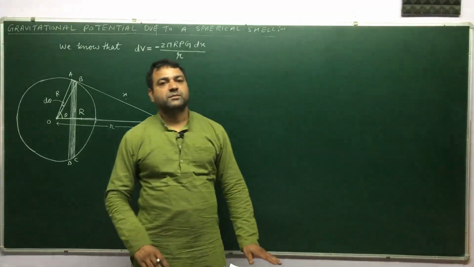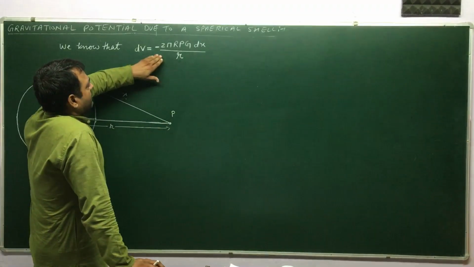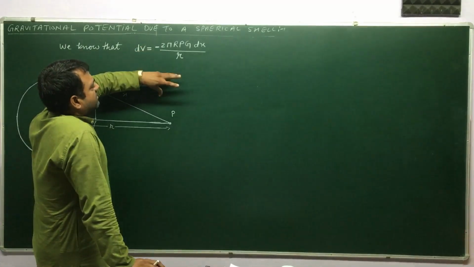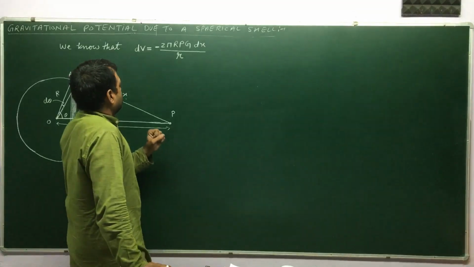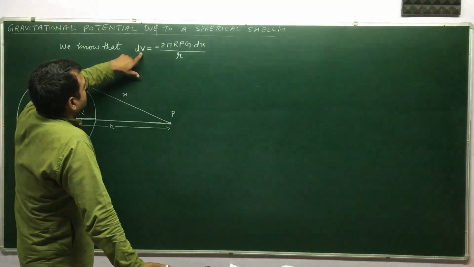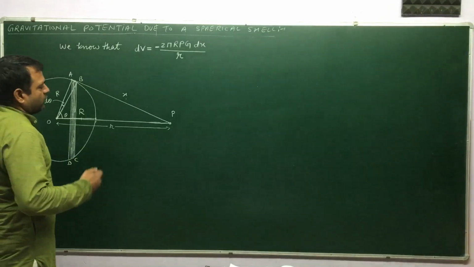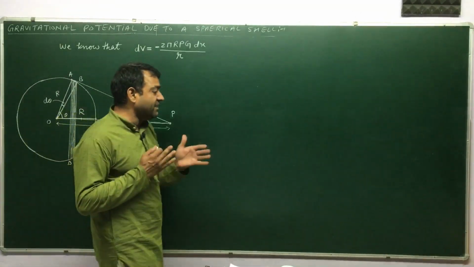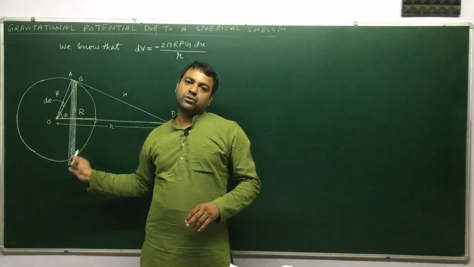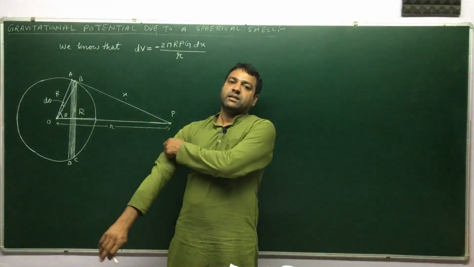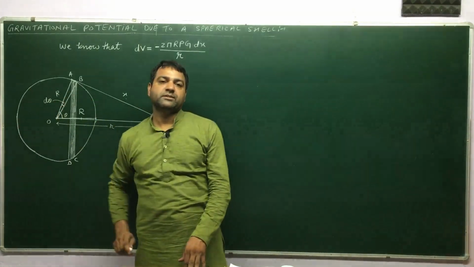We will continue from this expression where we had converted two variables into a single one. This was our expression for gravitational potential due to this ring. We did integration for calculating the potential due to this whole spherical shell, and the limit of integration was from this point to this point.